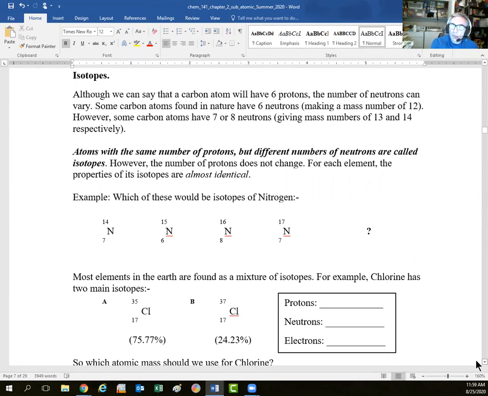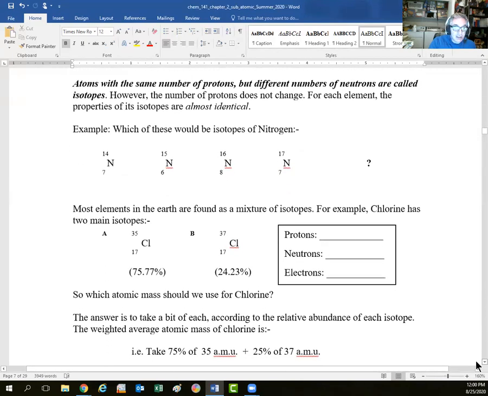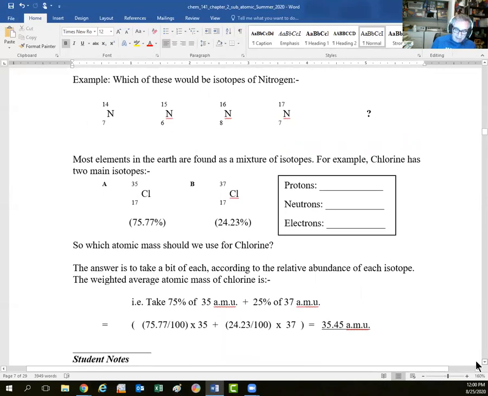And this gives us what we call isotopes for that element: atoms of the same element, which have the same number of protons, but a different number of neutrons, and therefore have a different mass number. A majority of elements in the periodic table contain isotopes, some of them as many as 6 or 7. Remember, it's a different number of neutrons.